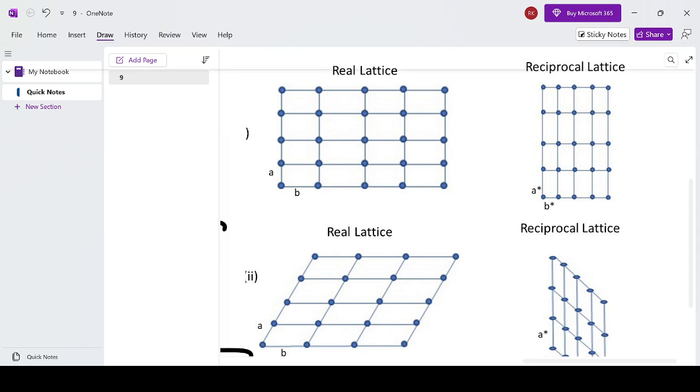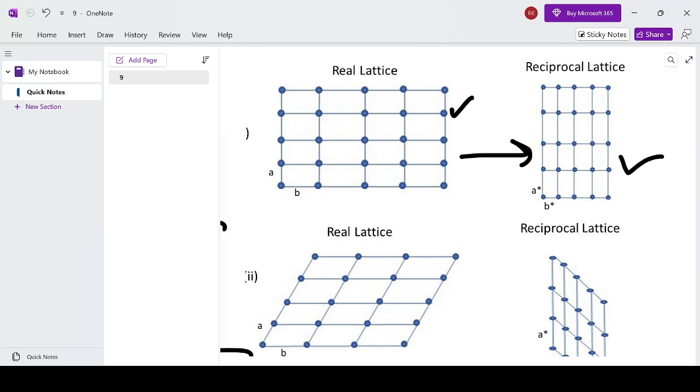In this figure, this is the real lattice, and you can see that this is a rectangular lattice. In fact, A is not equal to B. If we look towards the reciprocal lattice of it, it is like this.